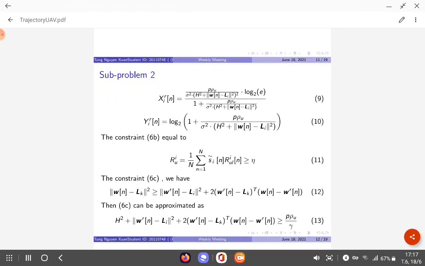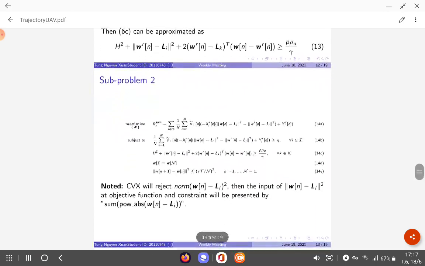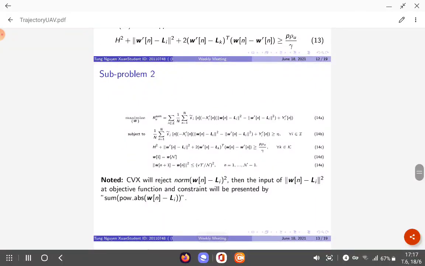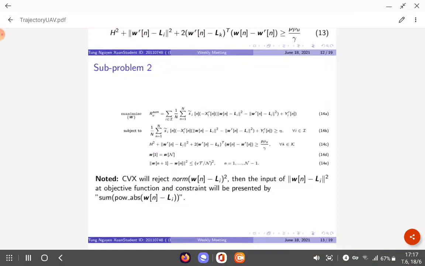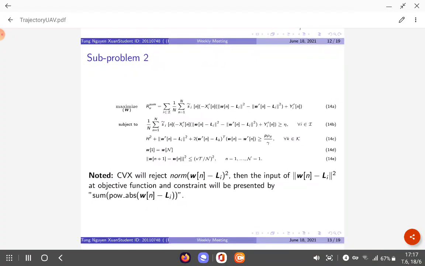The constraint should be equal to inequality 11, and constraint 6 will be represented by inequality 13. So the problem of trajectory will be transformed and approximated to problem 14.